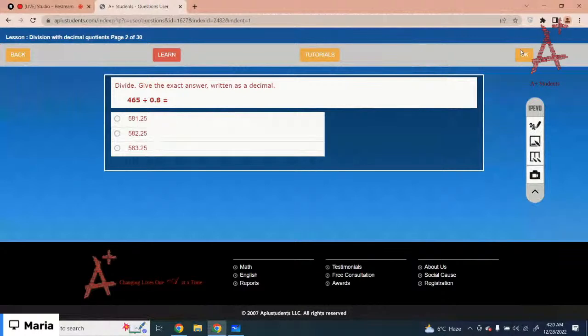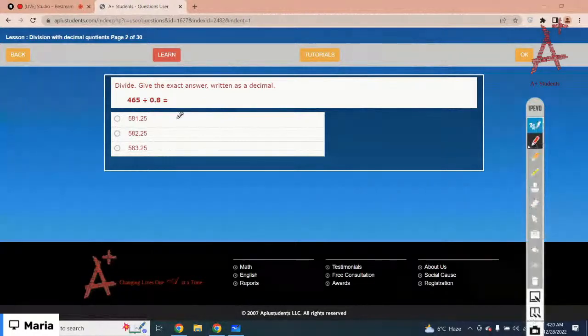Okay, the next one is you have to divide 465 point, divided by 0.8. So again, the dividend has one decimal place. That means you have to move the point one place right. You don't have any place, add a 0. It would be 4650. Got it? Just divide it by 8. 8 times 5 is 40.